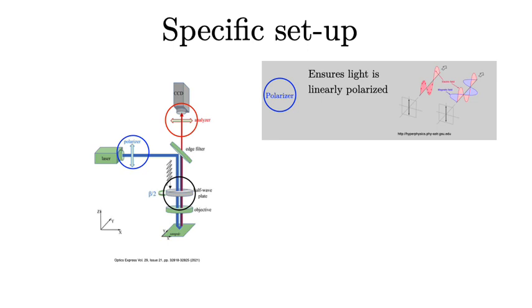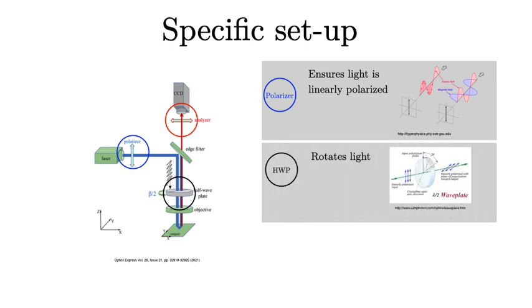The half wave plate is actually an interesting animal that I'm going to talk more about in the next slide. But for now, if you ask somebody what the half wave plate does, it rotates light. So it rotates light by a certain angle, and then you can basically pick the angle. Well, in practice, you do not pick the angle in a continuous way, but it doesn't matter.